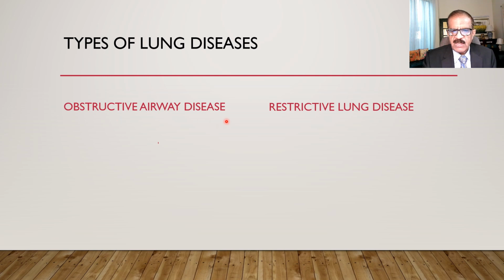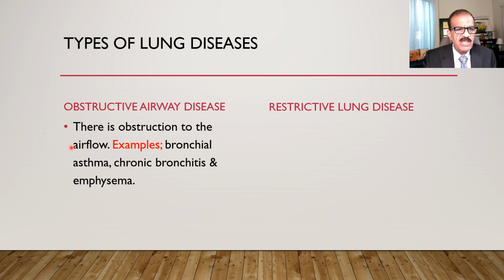Types of lung diseases. Now I'm going to give you the examples. Obstructive airway disease is a disease where there is obstruction to the airflow. Of course, there could be obstruction to the main airways, extrathoracic or intrathoracic. But when we say obstructive airway disease, we usually refer to the small airways, bronchi.